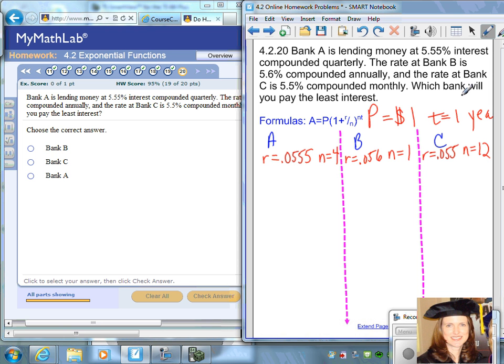We're going to plug in P and T both equal to 1 for all 3 banks. P equals $1, T equals 1 year, and then we're going to just do the comparison for each of these and see how much you end up owing at the end of the year for each of these accounts.